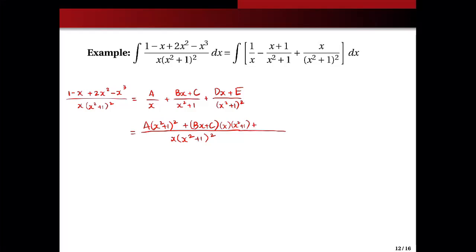And then finally, for the Dx plus E, the denominator is x squared plus 1 squared. I have that here, but I am missing x, so I'll just have x here. And then from here, you compare numerators, then you solve for A, B, C, D, and E.